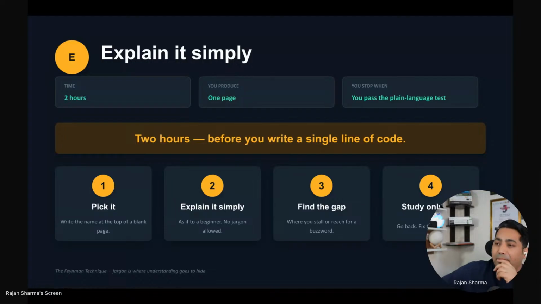The steps are: pick the thing, explain it in the simplest possible language, as if to a beginner, notice exactly where you get stuck, and go back and study only the gap. This way you understand what exactly is missing in your technology when you're doing the research part.